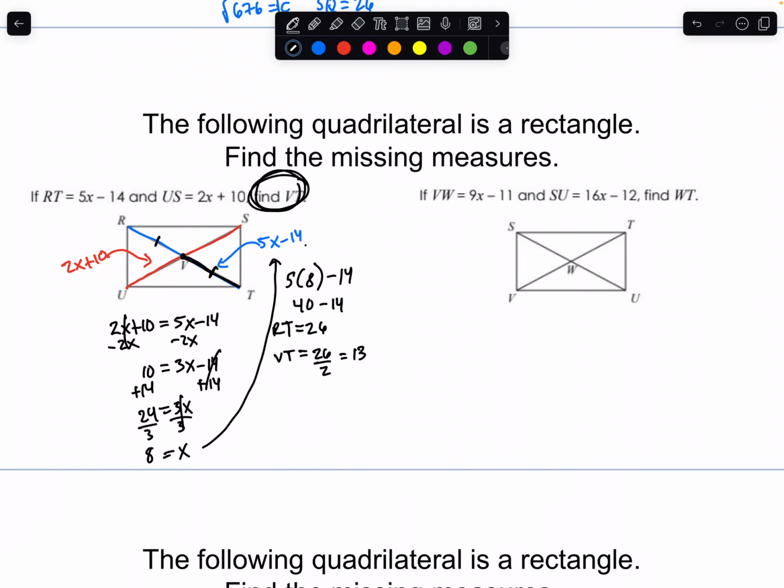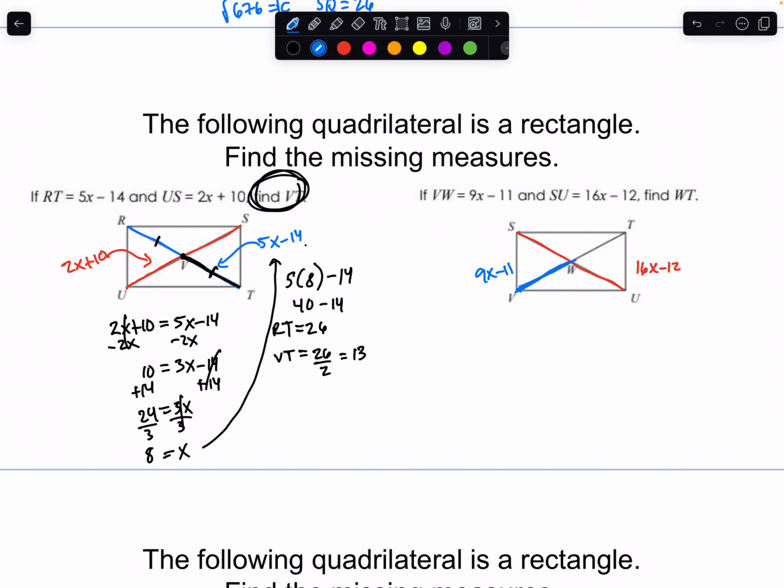Let's try this next one. VW is 9x minus 11, so I'm going to label VW 9x minus 11. SU, the full length, is going to measure 16x minus 12. How are these two related? First, we need to understand that these two lengths are not equal.